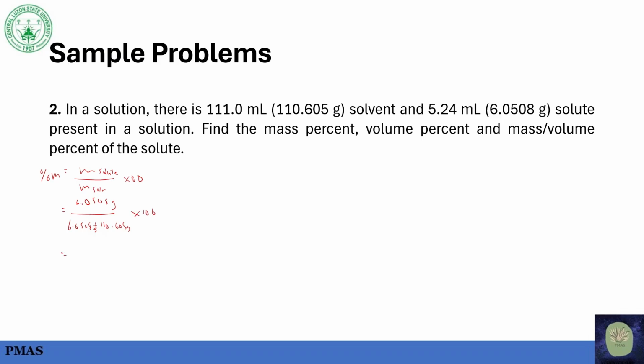Using your calculators, percent by mass gives 5.19 percent.